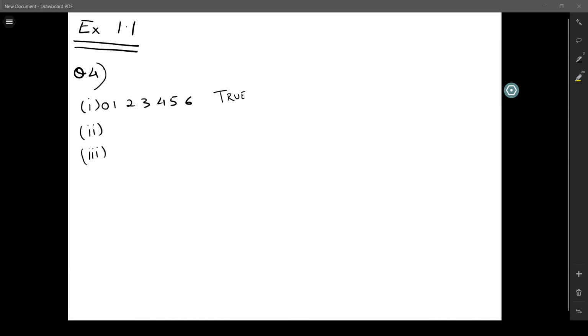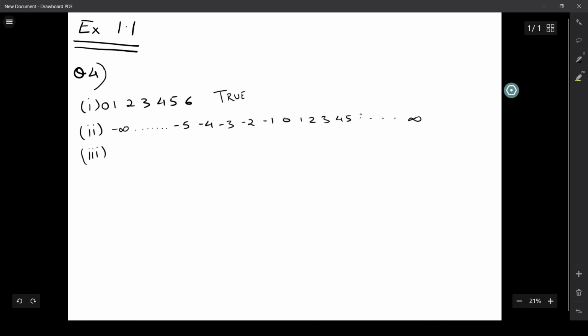The second statement says every integer is a whole number. If we try and recall what integers are, they are all the numbers that we use in our countings with the addition of the negative numbers as well. So it starts from minus infinity, counts down, let's say to minus 4, minus 3, minus 2, minus 1, 0, 1, 2, 3, 4, 5, and so on till we reach infinity.